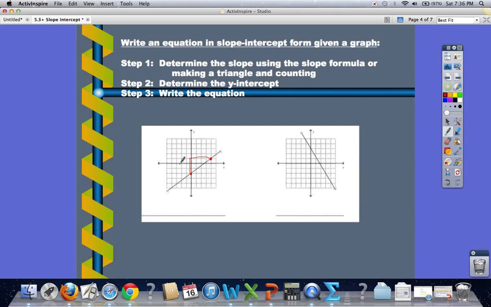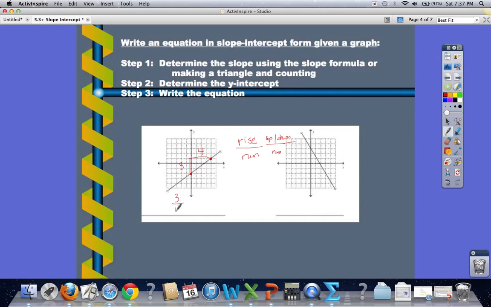1, 2, 3. 1, 2, 3, 4. All right, so remember slope is rise over run, which is always up, down first, and then run. So how many did I go up or down? I went up 3. And how many did I go across? I went across 4.